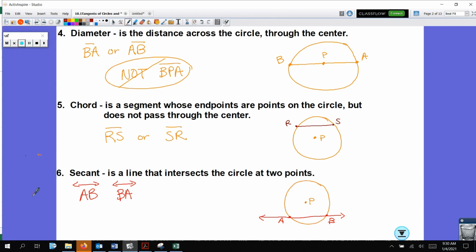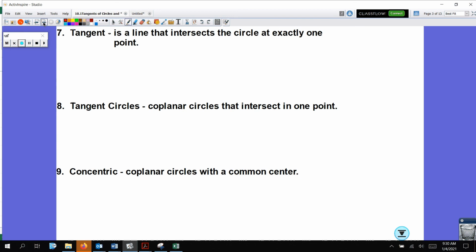Again, if you need to copy down these definitions, please pause the video and do so now. All right, tangent. I'm going to have my circle P. A tangent is a line that intersects a circle at exactly one point. A tangent does not go into the circle.